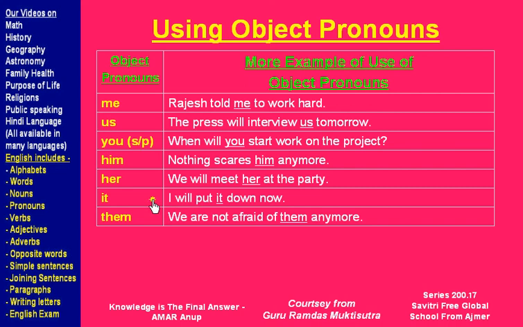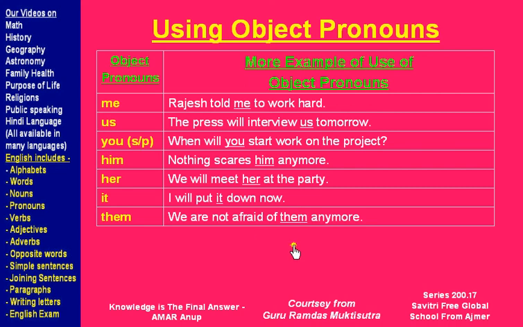So I is the subject, will put is the verb, and "it down now" is the object part of the sentence, and it is the object. We are not afraid of them anymore. So we is the subject, are not afraid is the verb, of them, here them is an object pronoun.